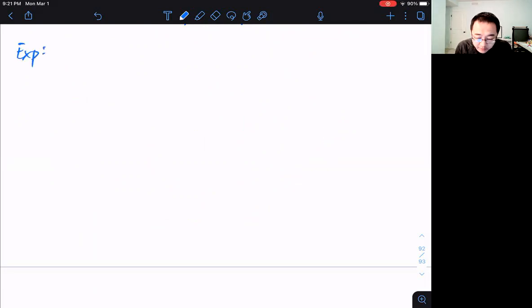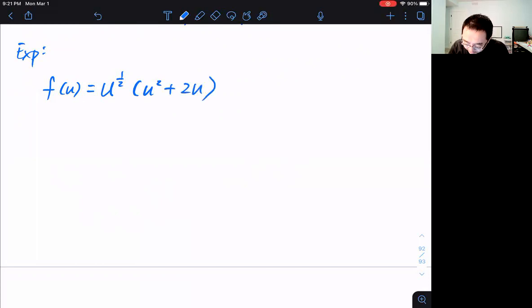Let's say f of u equals u raised to the 1/2 power times u squared plus 2u. What is f prime of u, the derivative? Let's look at this a little more.